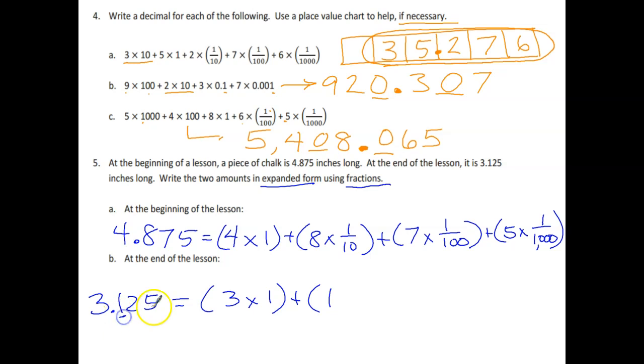What place value is that 1 in? That 1 is in the tenths place, so times 1/10 plus 2 is in my hundredths place, so times 1/100 plus, again, 5 thousandths.